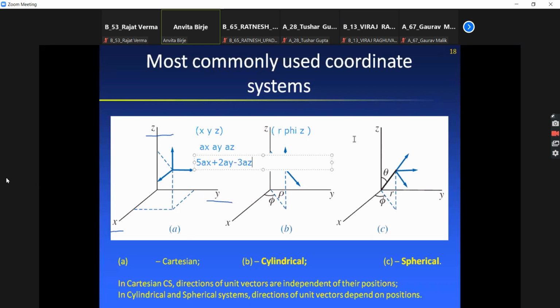The same thing in the cylindrical system. यहाँ पे unit vectors are a bar r, a bar phi, and a bar z. Please remember यहाँ पे जो ये x, y, z या फिर ये 5, 2, 3, they are the planar values. और यहाँ पे जो cylindrical में ये जो phi है, that is angle.